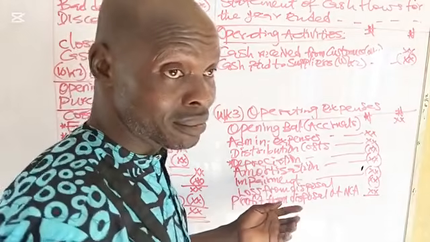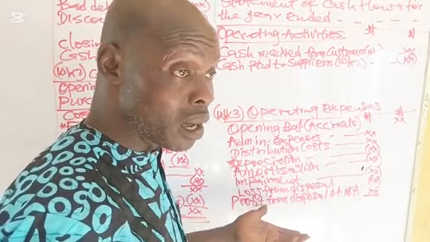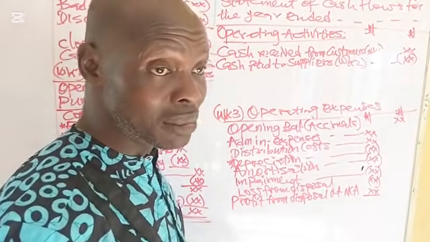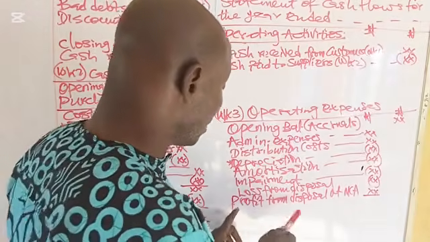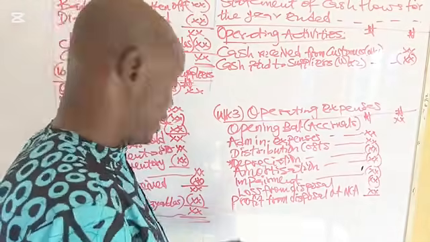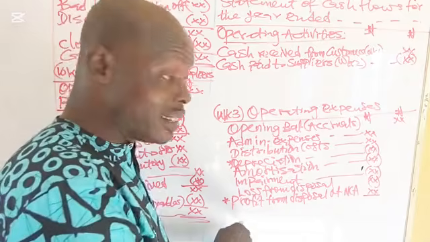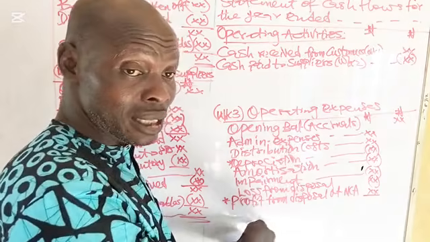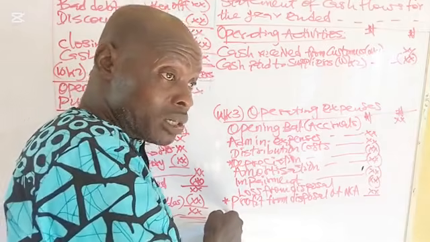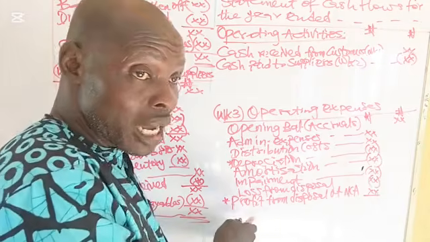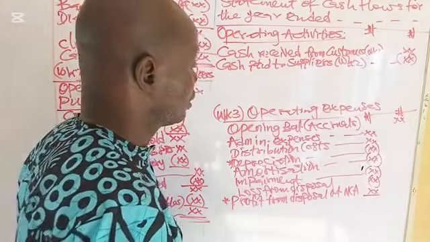Loss normally, unless the question tells you that you charged loss to cost of sales, is supposed to be treated as administrative expenses. You write it off. But the profit may not always be here. If it is going to be adjusted in expenses, the way the question is structured will determine whether it is adjusted here. They will tell you that the profit has been credited to administrative expenses.